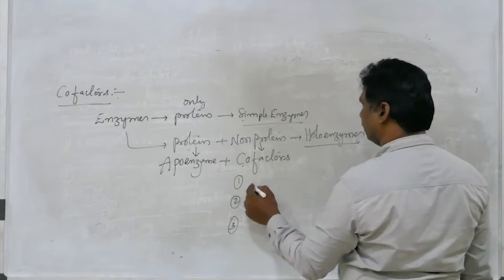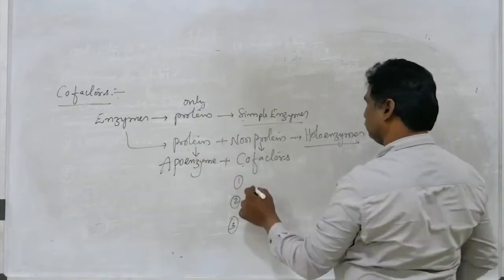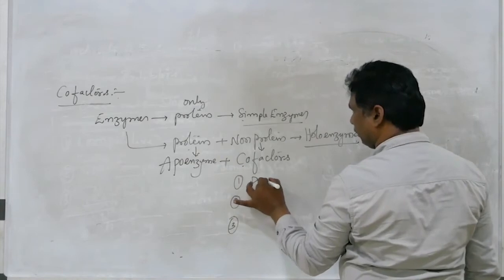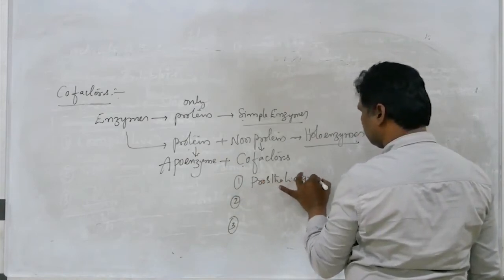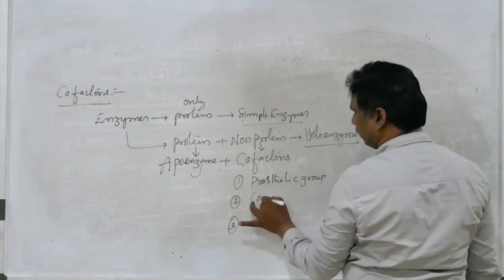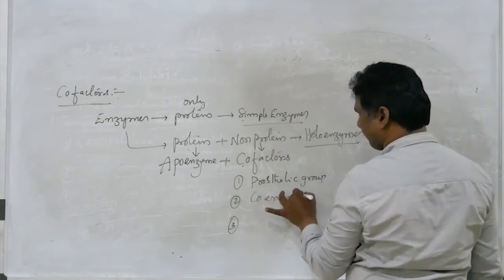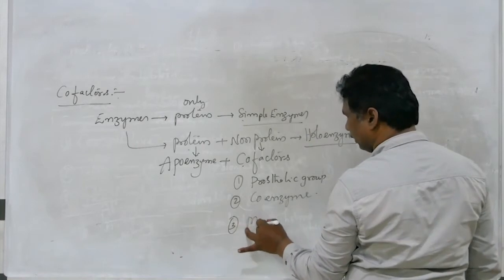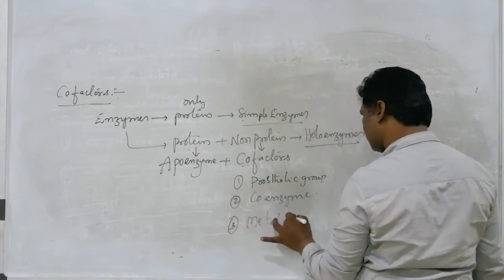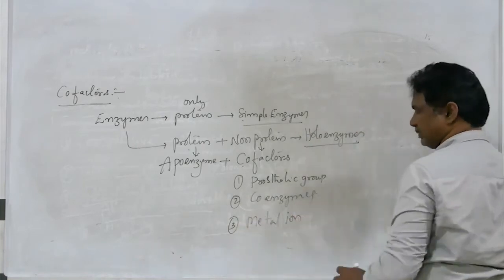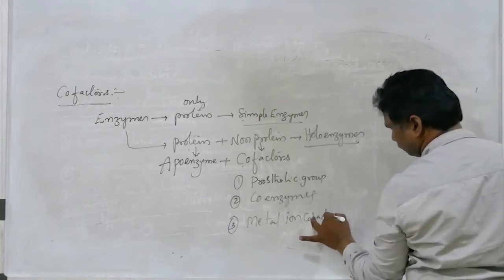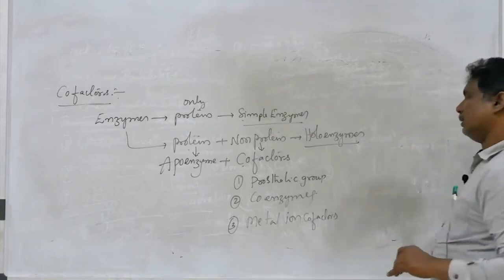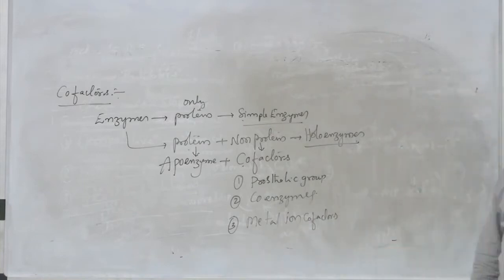The first one is prosthetic group, the second one coenzymes, and the third one metal ion cofactors: prosthetic group, coenzymes and metal ion cofactors.